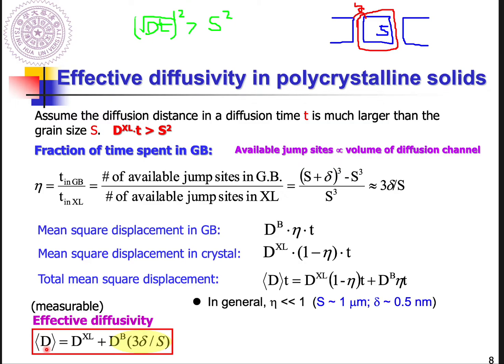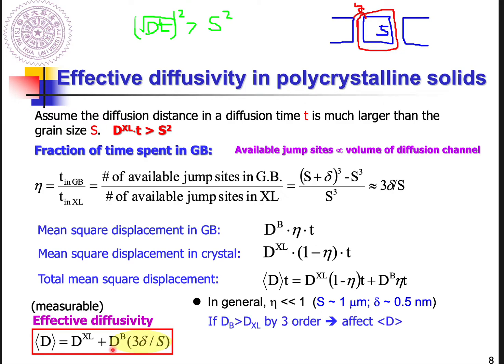So I give you an example here. Generally, iota is much smaller than 1. For example, if the grain size is around 1 micrometer and delta is around 0.5 nanometer, the ratio will be on the order of 10 to the 3, so it's 1 over 1,000.